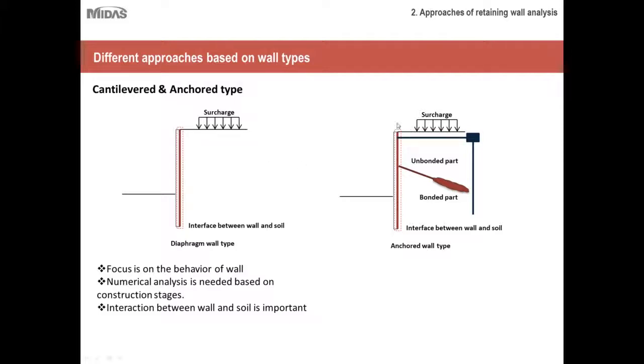So when the wall alone is insufficient to sustain the loading, then we have to go with some kind of back end support, which is like a tie back or an anchor bolt like this. And whenever we are dealing with these types of bolts or anchors, they could either be bonded, just at the end or throughout like a soil nail, or they could be unbonded, where there is no grouting whatsoever and they are just drilled through.